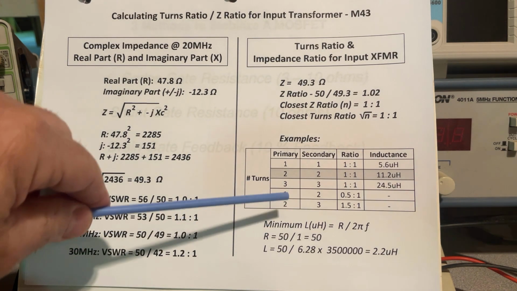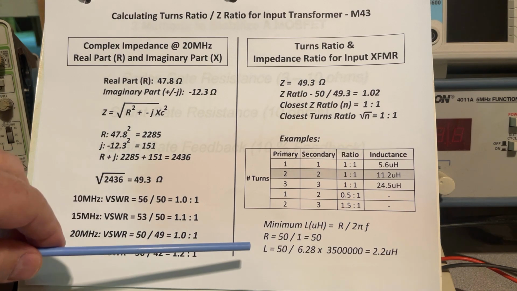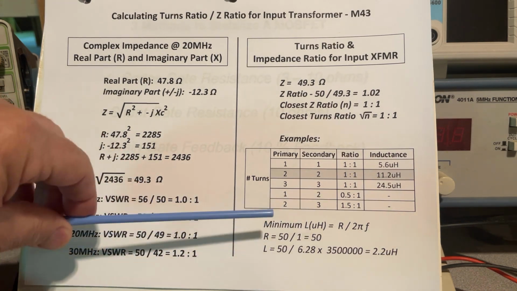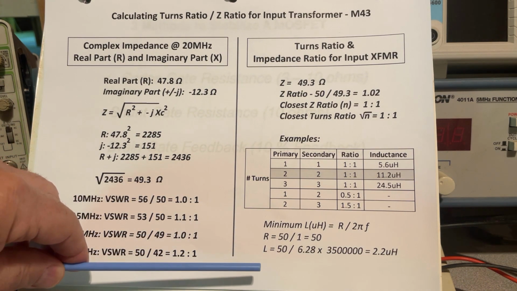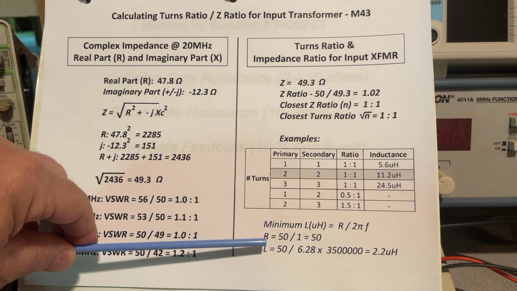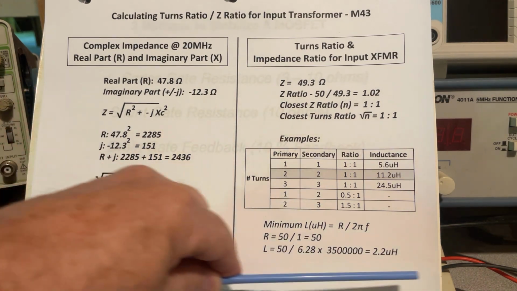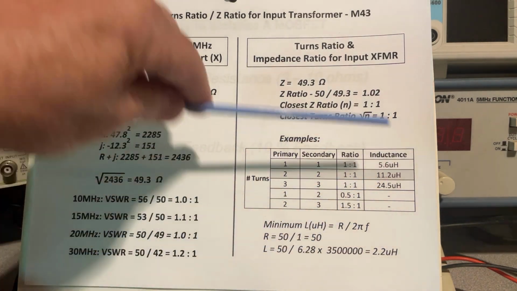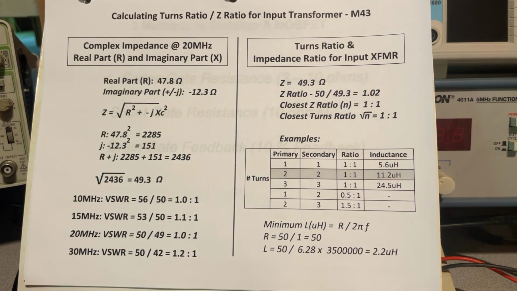I'm also showing how to calculate the minimum inductance of the transformer. I think this is more critical when we're using transformers that are constructed with copper tubing and end plates. But here, when we're using windings in the primary and secondary, we're not too concerned about the minimum inductance. But that's how you calculate it. It's R, which is 50, divided by 2 times pi times frequency.